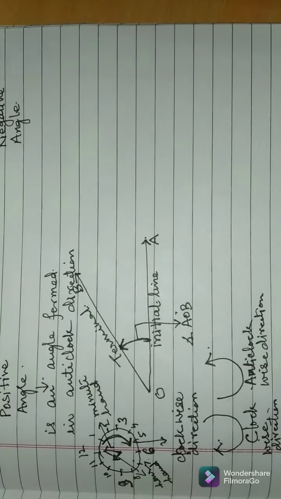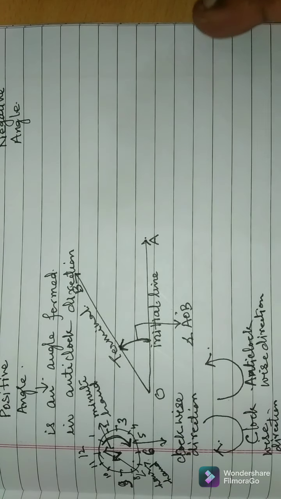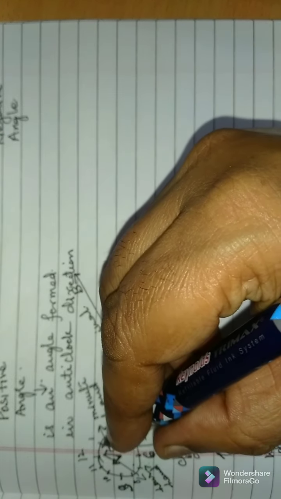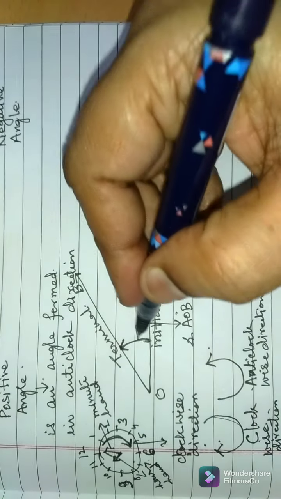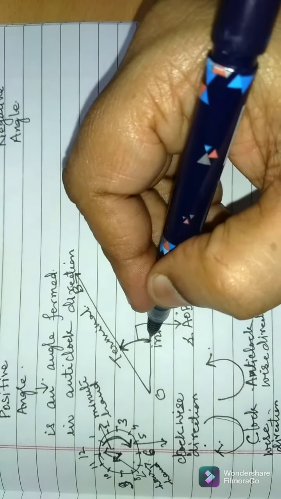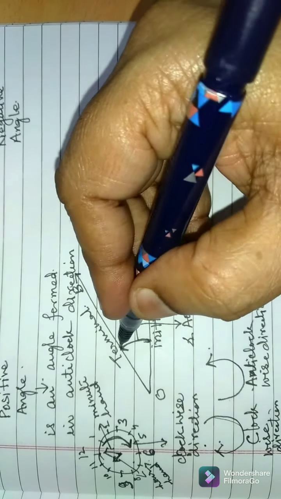So here the minute hand and hour hand, both hands or the second hand of the clock, all move in this direction. So this is clockwise and this is anti-clockwise. The angle which is formed in the anti-clockwise direction is called a positive angle.